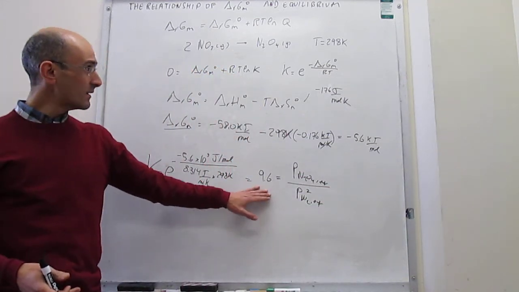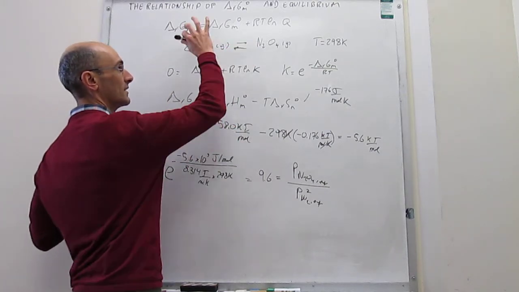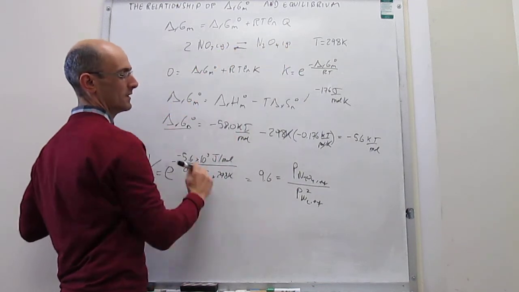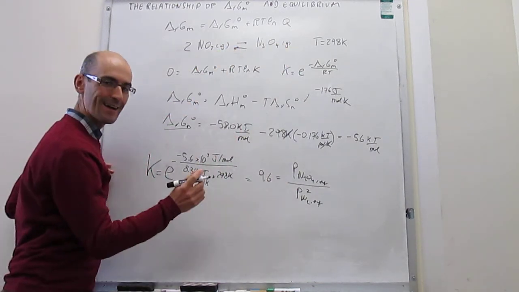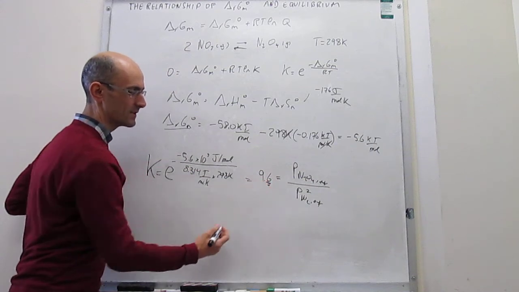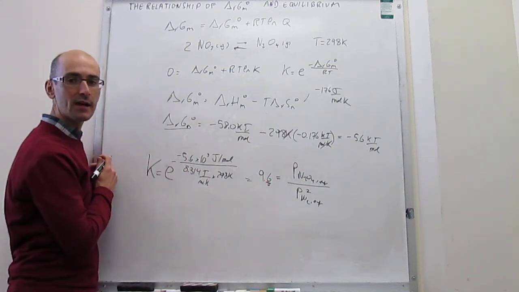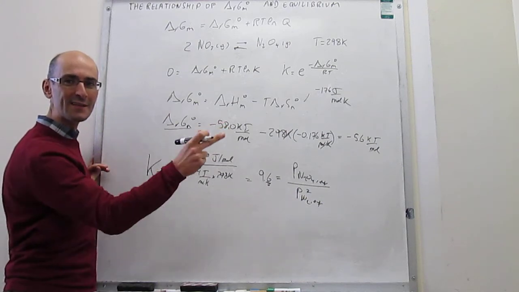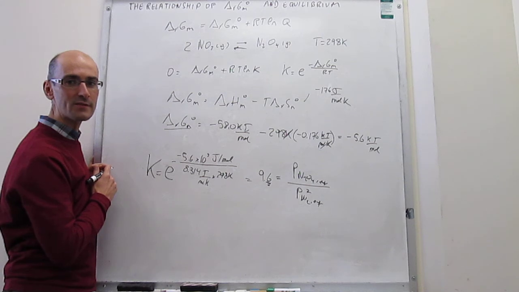Okay, so let's see if we can wrap all this up. Notice that this equilibrium constant means that this process at 298 Kelvin is displaced to the right because you have more products than you do reagents, right? That is provided by this ratio of pressures. At the same time, this value is actually dictated by the value of the reaction Gibbs energy at the standard state, which happens to be negative, and that means that the reaction is spontaneous from left to right if the pressures happen to be 1 atmosphere for all of them.